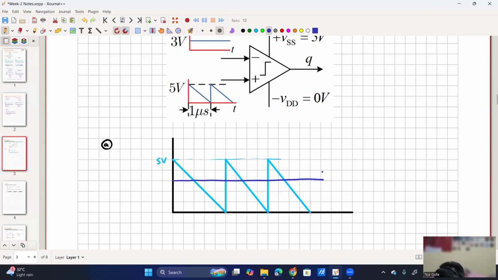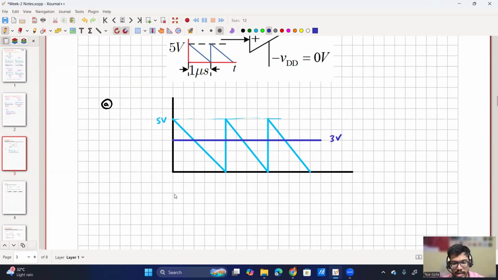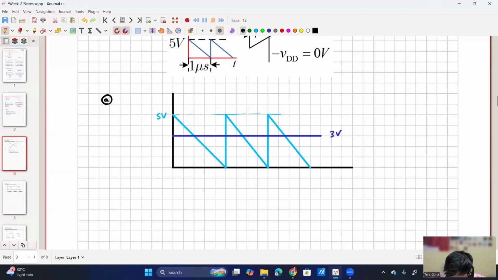Then this will be, of course, 3 volt. The important thing is to see in the comparator which has the positive sign and which has the negative sign, because depending upon that I will decide whether my on time is this region or this region. Since the 5 volt sawtooth has the positive sign, accordingly my output gate pulse will vary. We have to be very clear and careful while solving this, because the comparator output will change the answer directly.